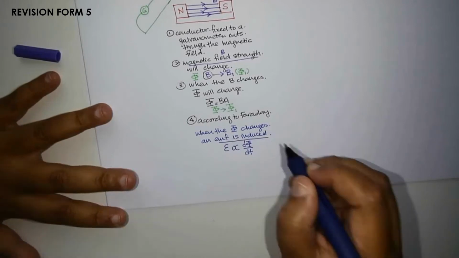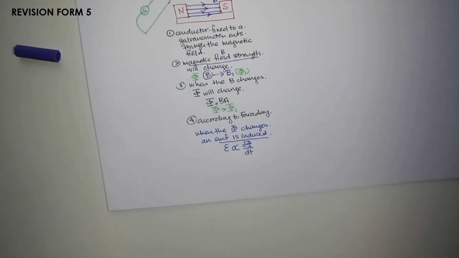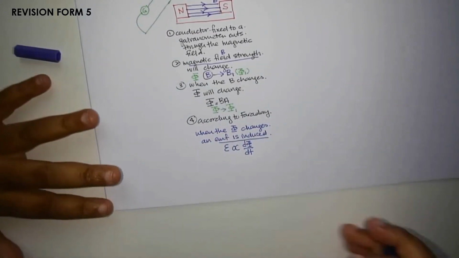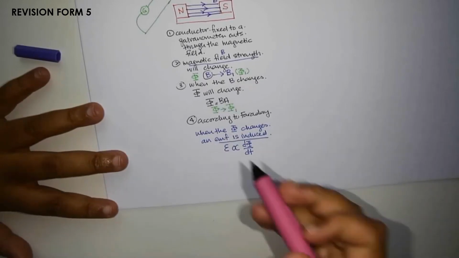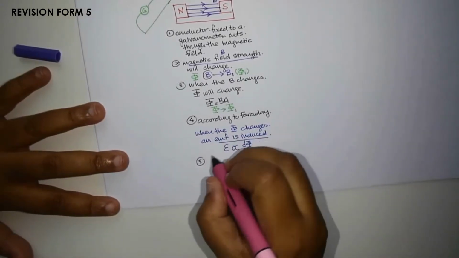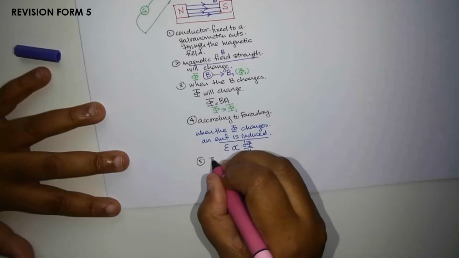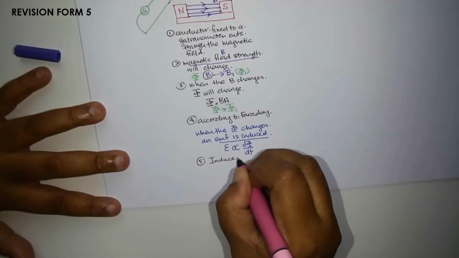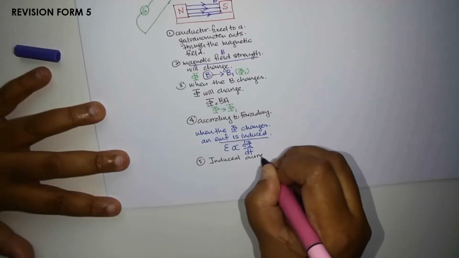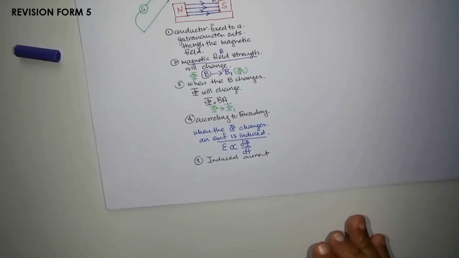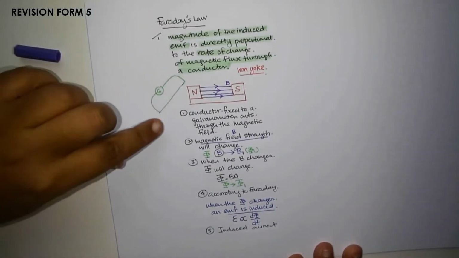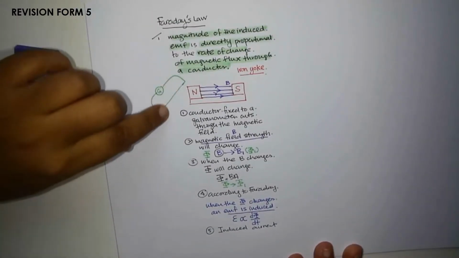Now there's an EMF that is induced. Induced EMF means there will be a current that will be induced. We call it induced current. Where will the induced current be formed? The induced current will be formed in the conductor here.